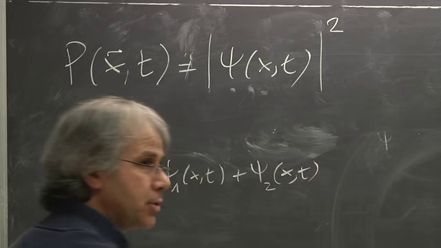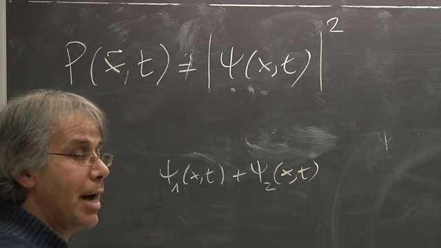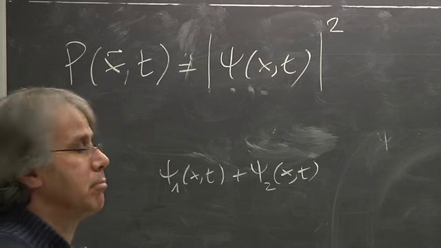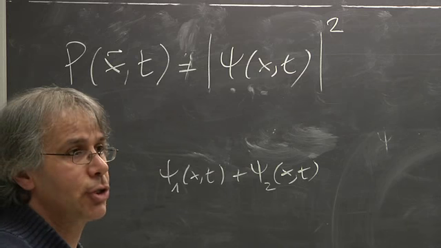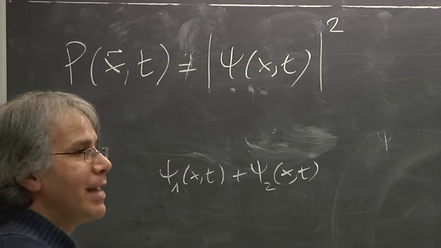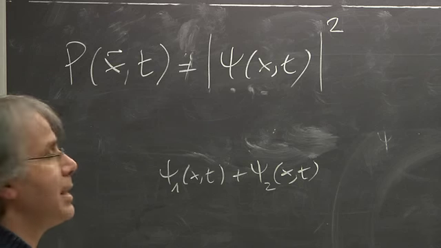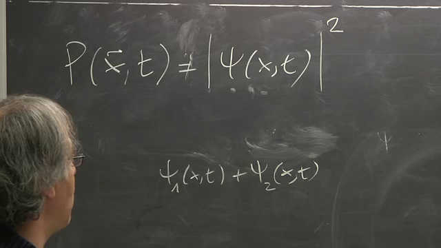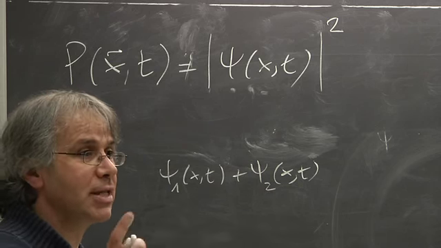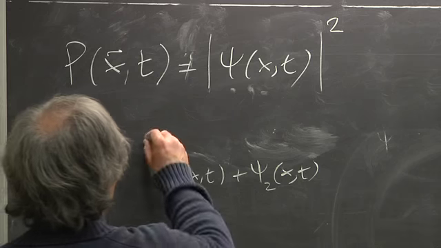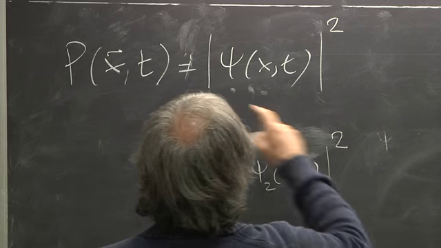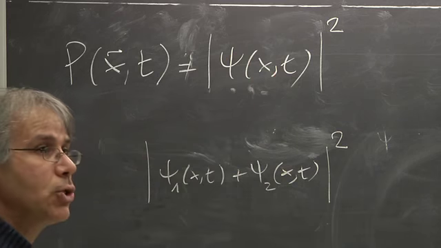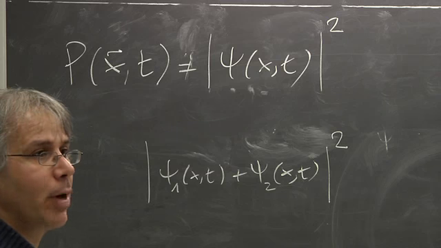And if both solve the Schrodinger equation, I can sum them, and even the sum solves the Schrodinger equation. However, if I ask myself about the probability of finding the particle now in this new wave that is the sum of the two waves, I have to take the square modulus of the sum, which is different from the sum of the square moduli.